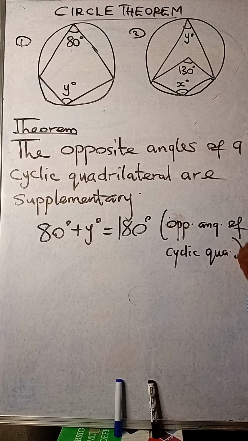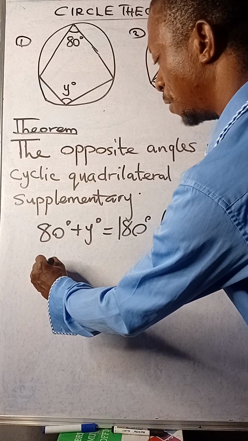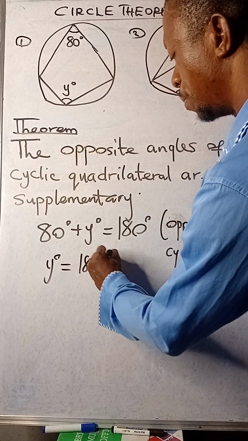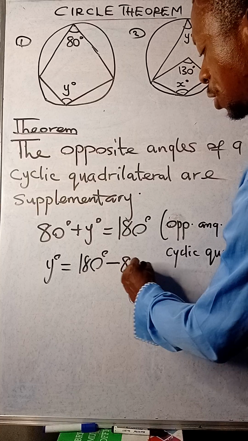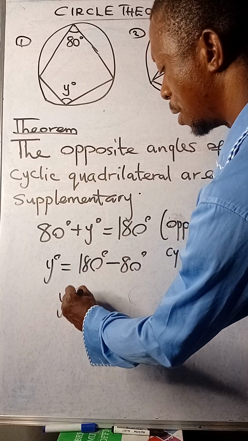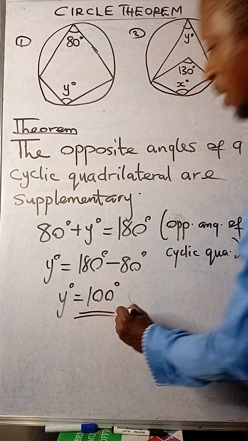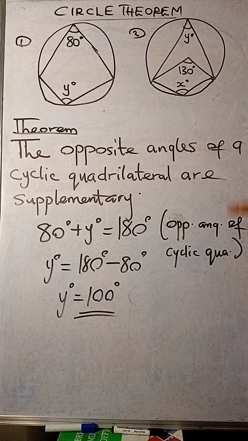You just stop like that. So this means that y equals 180 minus 80 degrees, y equals 100 degrees. And that is our final answer for the first question.